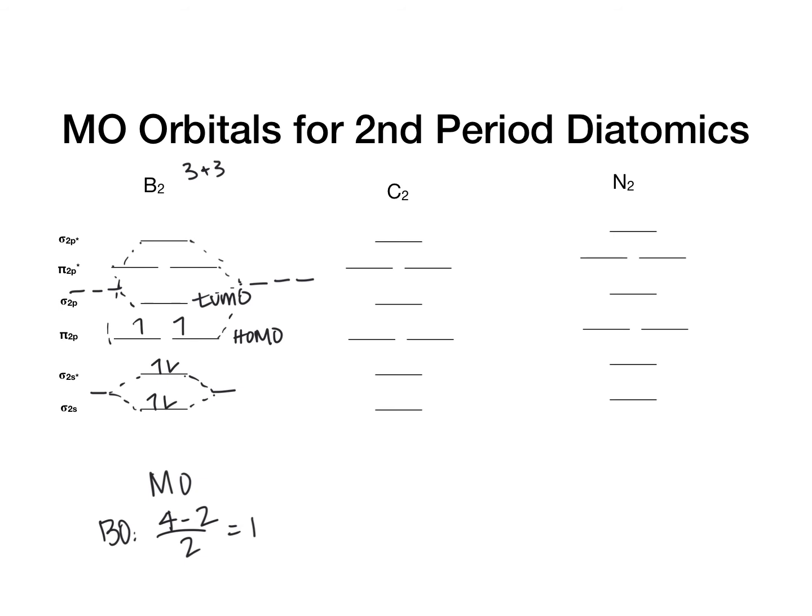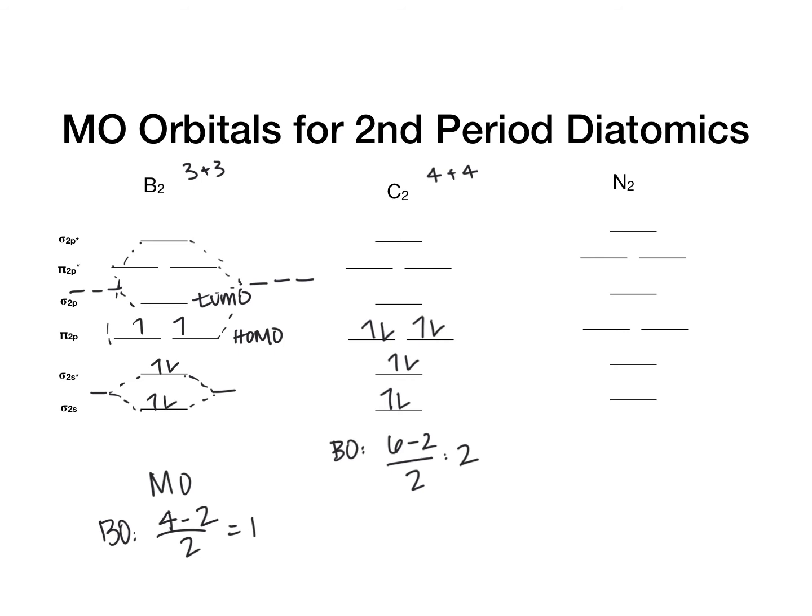So let's look at carbon. Carbon starts with 4 plus 4, and so we see 1, 2, 3, 4, 5, 6, 7, 8. We can calculate the bond order in this case to be 6 minus 2, divided by 2, which gives me a bond order of 2.